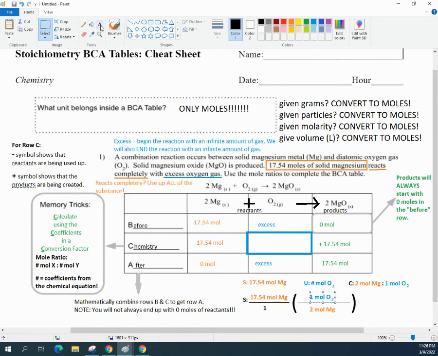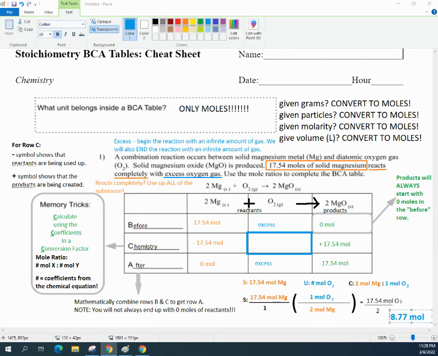Now we're going to go ahead and multiply across the top and across the bottom, then divide the top and bottom of our new fraction to get our final answer for that box. So we're going to take 17.54 times 1 to get 17.54, 1 times 2 to get 2, and then we'll divide the top and bottom to figure out our final answer, which is 8.77 moles of O2.